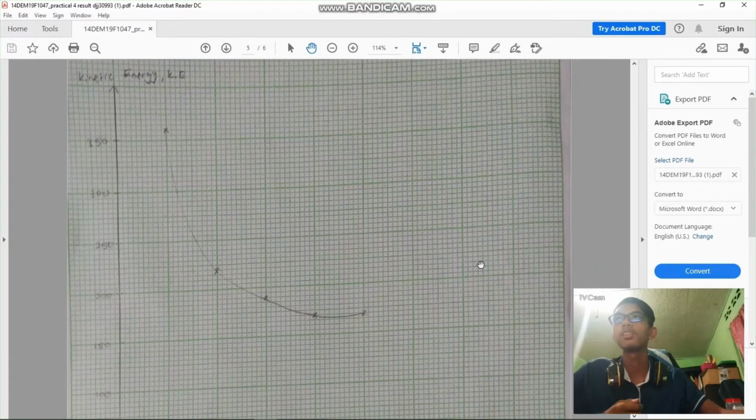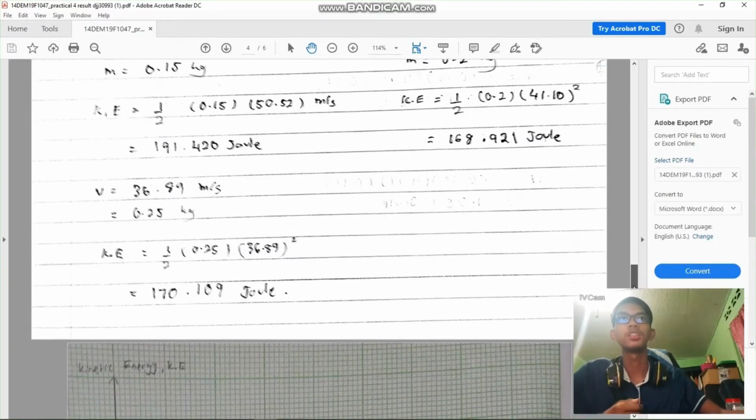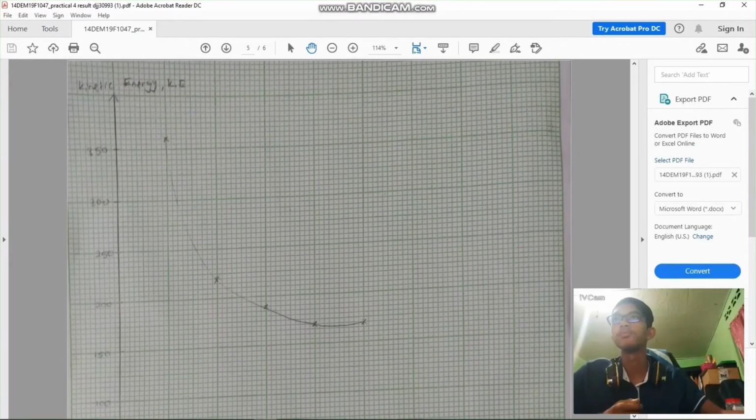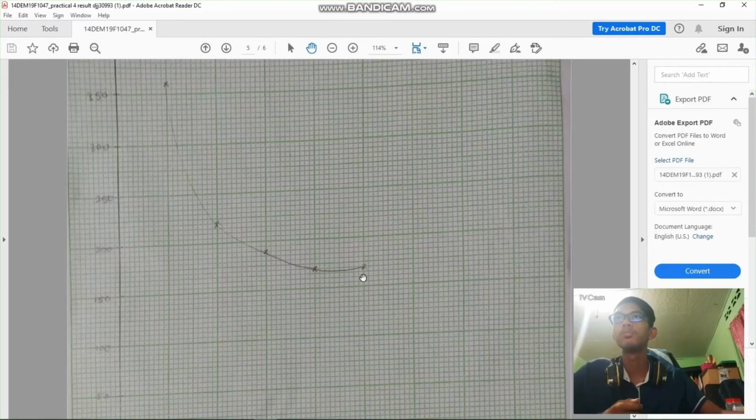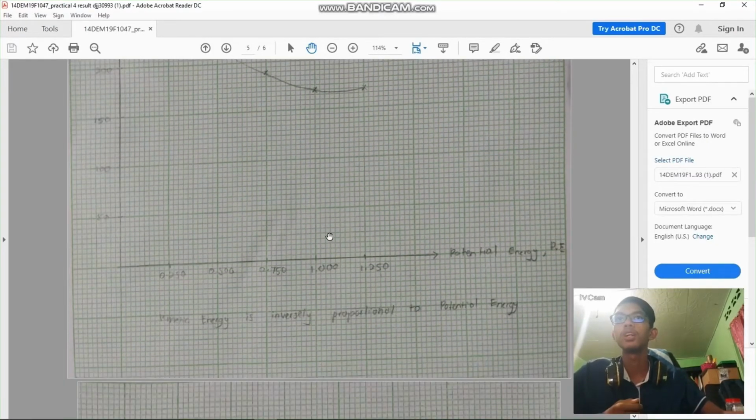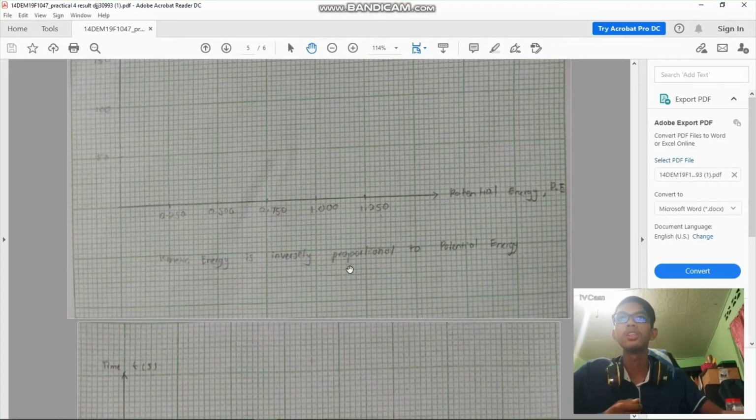Okay, this is the graph for potential energy versus kinetic energy. From what we see, the graph is curved to the bottom, and from that we can see the relationship between potential and kinetic energy is that kinetic energy is inversely proportional to potential energy.